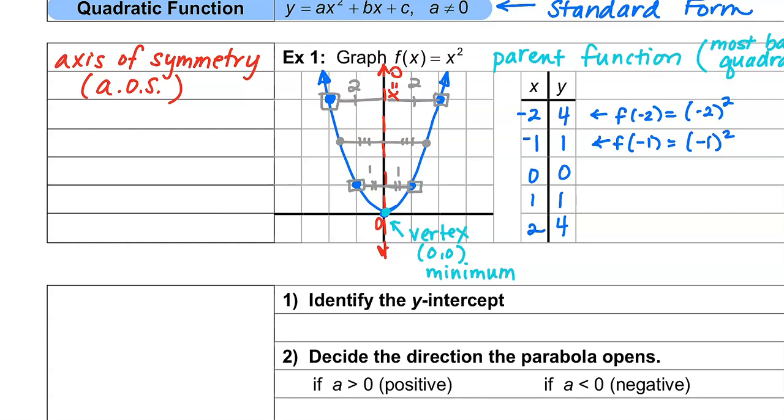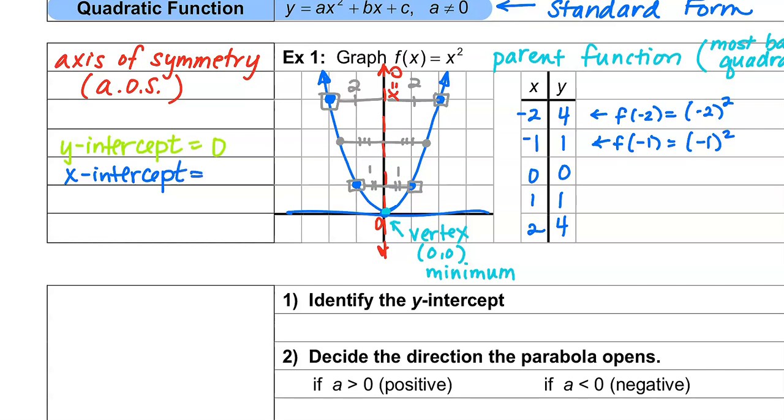What's the y-intercept for this problem? Where does it cross the y-axis? At 0, right there. What's the x-intercept? Where does it cross on the x-axis?